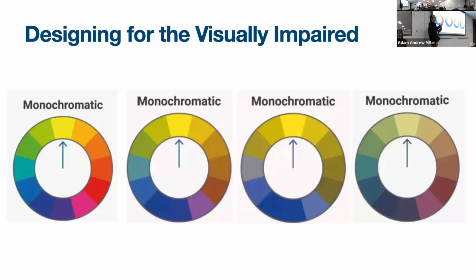So you can test your choices to make sure that colorblind people are able to interact with your graphics. The fraction of colorblind people, I forget exactly what the statistic is, but it's actually very large. I think especially for red-green color blindness, it's maybe 5 to 10% of the population.